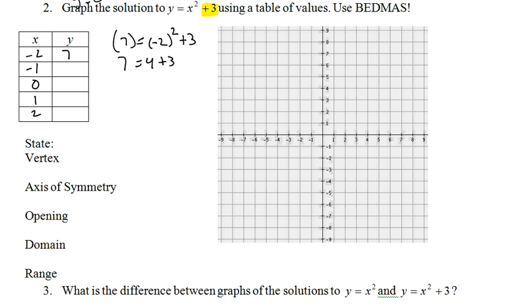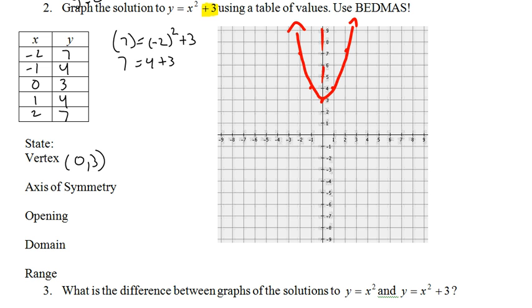Alright, I put in negative 1 squared is 1, plus 3 is 4, 0 squared is 0, plus 3 is 3. And let's throw these on the graph. There we go. Okay, so we've got a new vertex. Vertex is 0, 3.